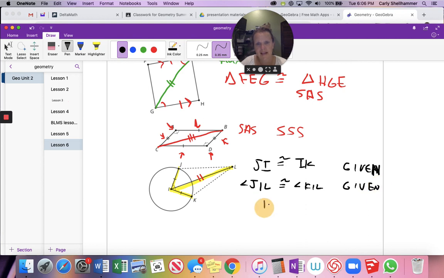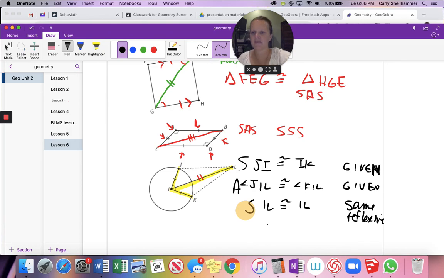And then we can say IL is congruent to IL, which was not given, same or reflexive. Now we have side, angle, side in the right order. Okay? All right, I'm going to stop it there. Good job. That was a little long.